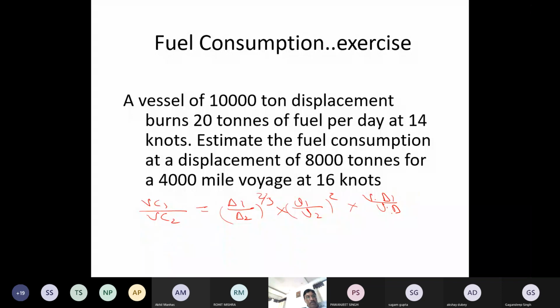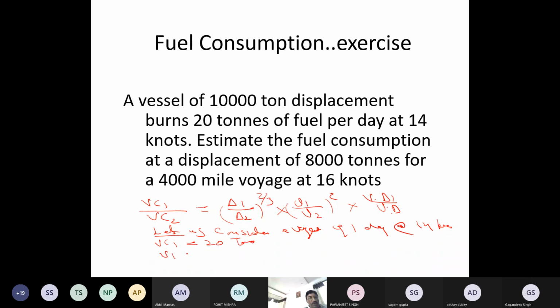Now voyage consumption 1. Let us consider a voyage of 1 day at 14 knots. Now I am considering a voyage of one day because I know all its data. So what will VC1 be, because it is a one day voyage? 20 tons will be the voyage consumption under the first set of conditions.